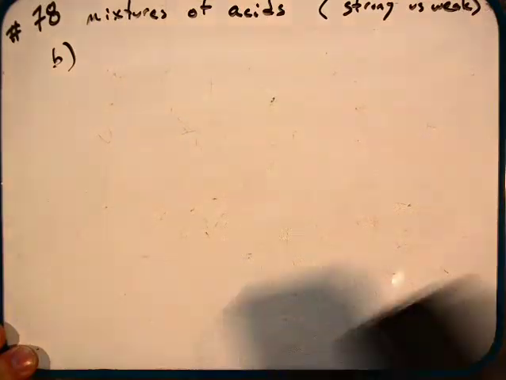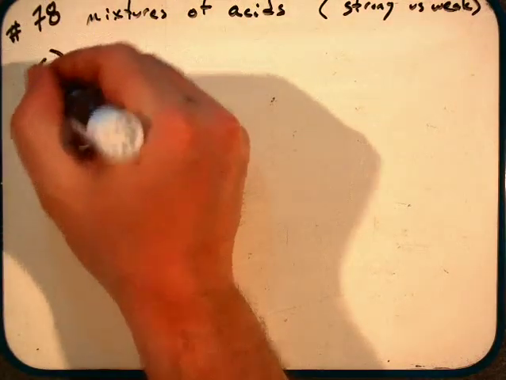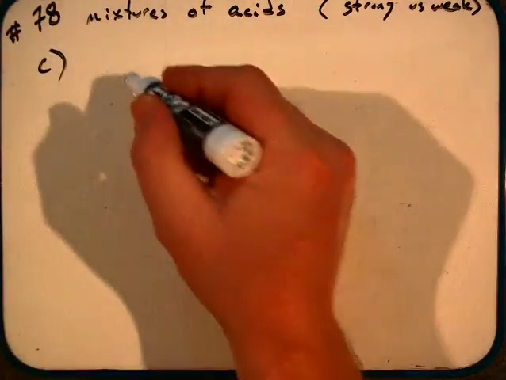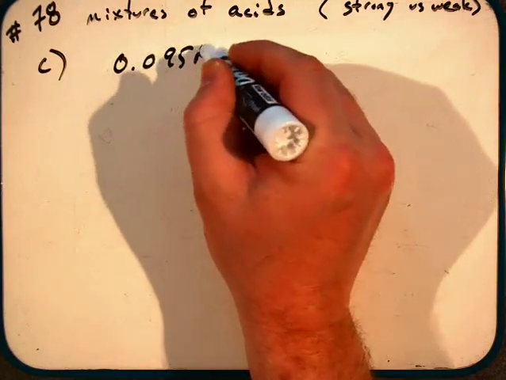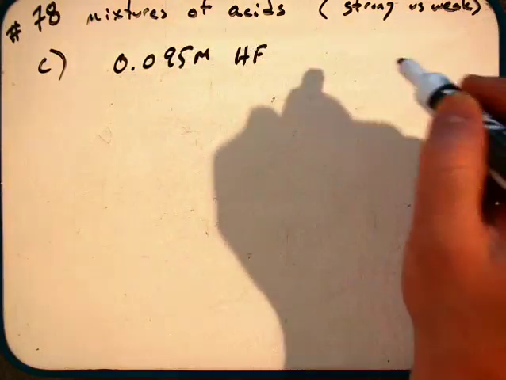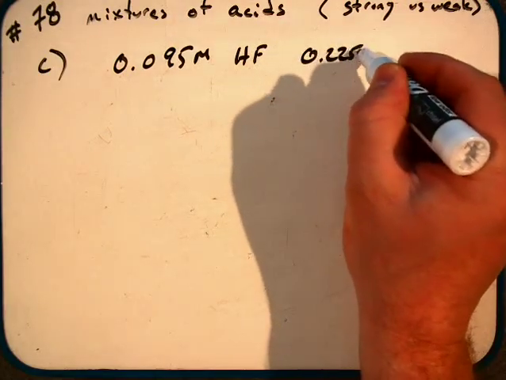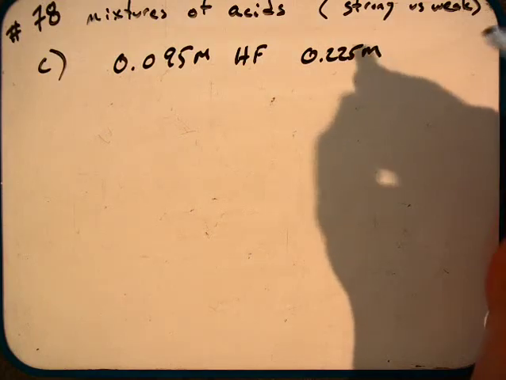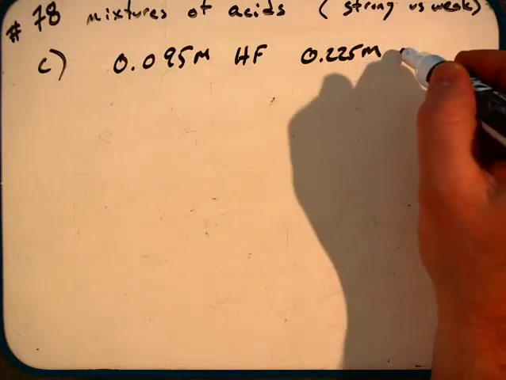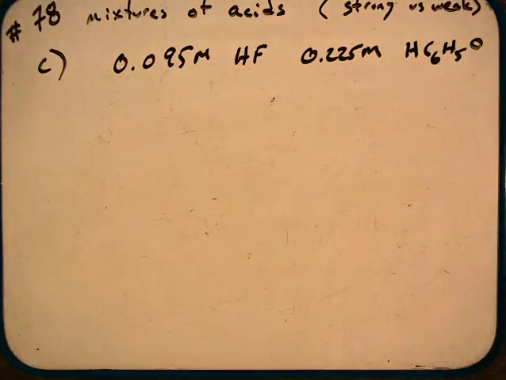Let's look at part C. Part C looks at a mixture of 0.095 molar HF and 0.225 molar, this is actually phenol, HC6H5O.